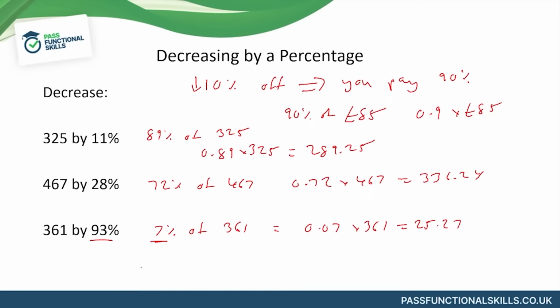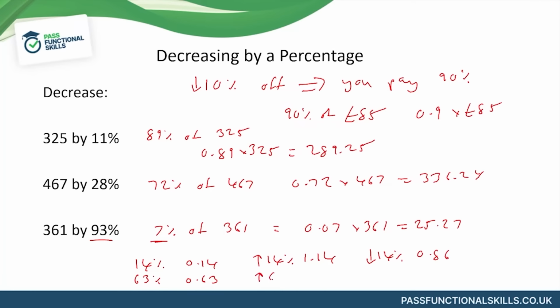If, for example, I asked you to work out 14% of an amount, you would use 0.14. If you wanted to increase by 14%, then you'd use 1.14, and if you wanted to decrease by 14%, 100 take away 14 is 86, so that would be 0.86. 63%, basic multiplier 0.63.